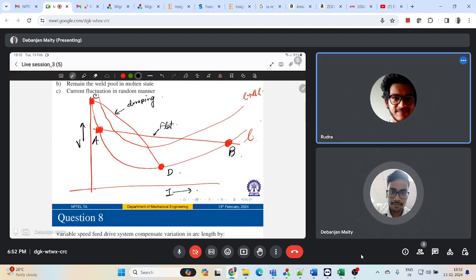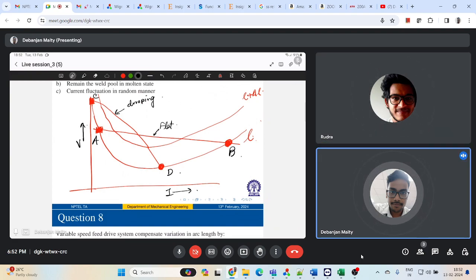Whereas this curve CD represents this drooping one, right? These are my two typical arc characteristics for two different arc lengths. And the intersection of the characteristic of the source and that of the arc determines my operating points, as mentioned, as this circle and this square.